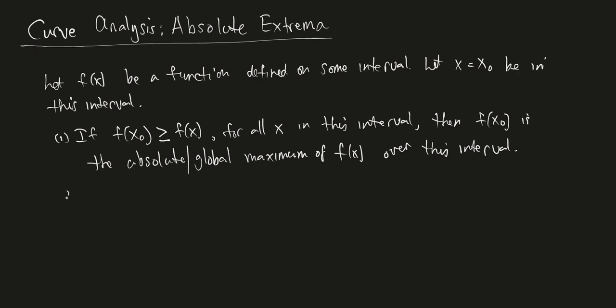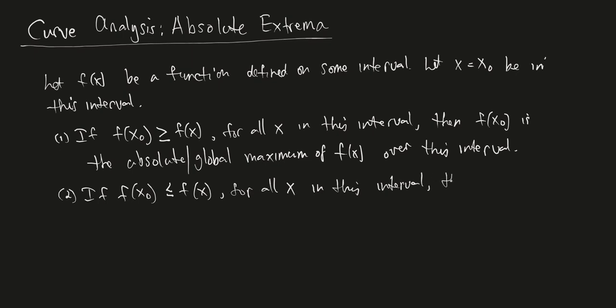And then similarly, if the function value evaluated at that point is less than or equal to all the other function values, right? So again, if this is the lowest value that the function attains, again, this is for all x in this interval, right?